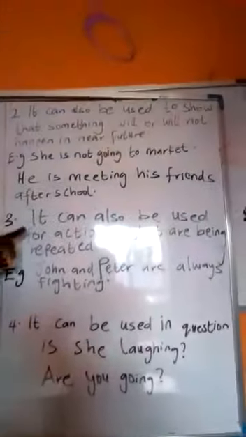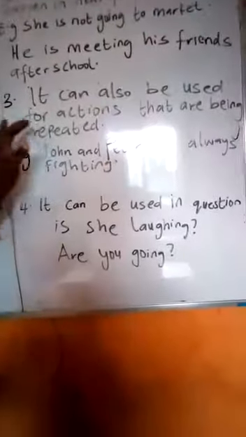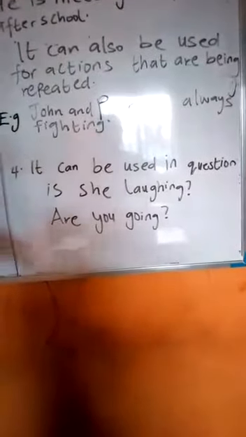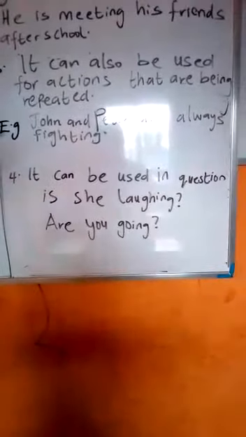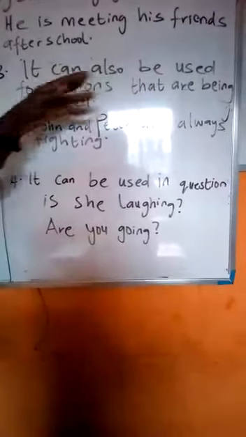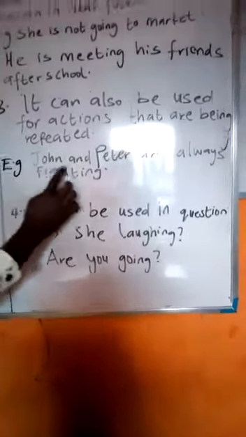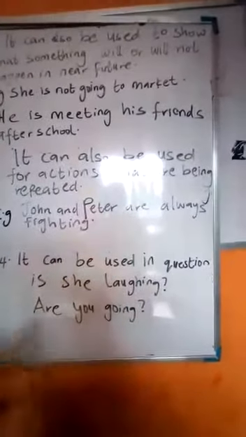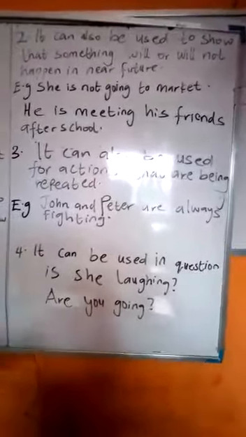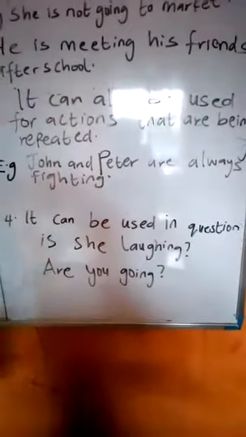Okay, let's look at another use. Number 3, it says it can also be used for actions that are being repeated. I don't know if you got that. It can also be used for actions that are being repeated. Okay, let's see. John and Peter are always fighting. Something that is always happening. Okay, during rainy season, what happens? Constantly rain falls.